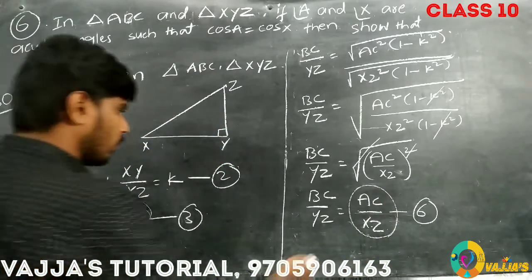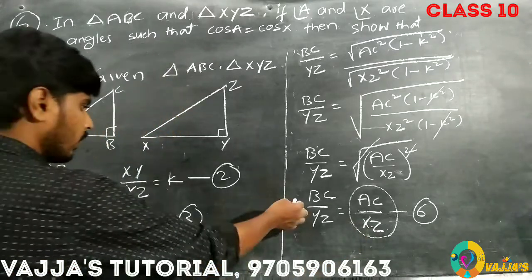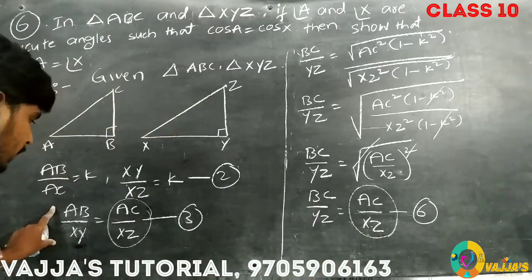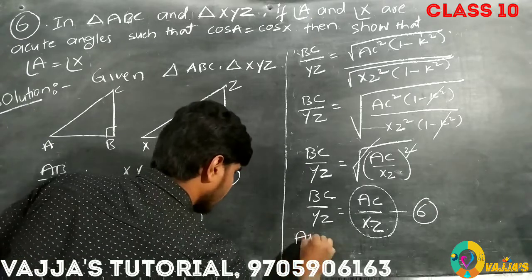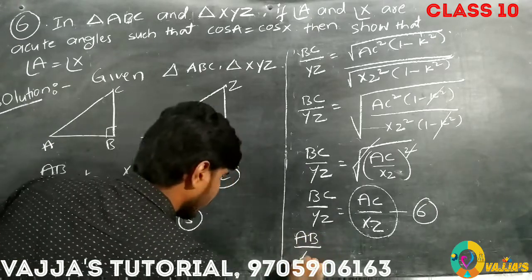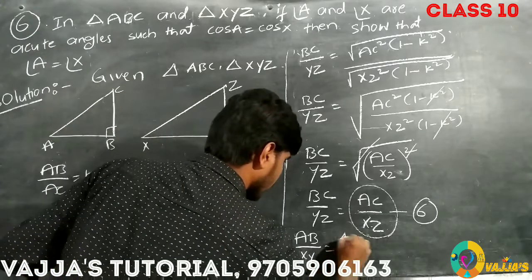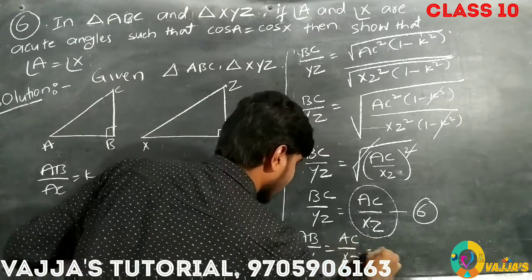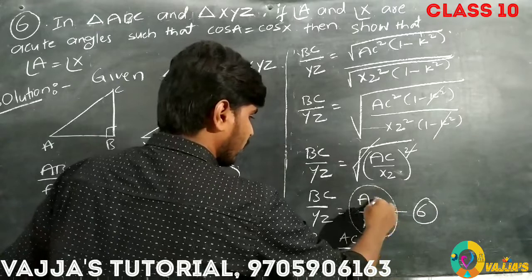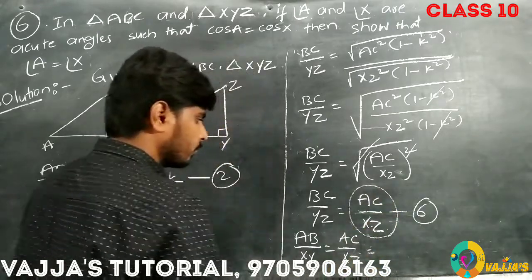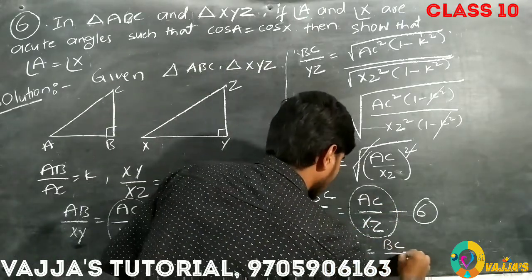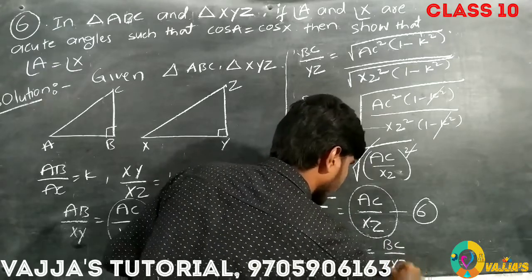So if the RHS are equal and the LHS also equal, finally what can we write? We can write AB by XY is equal to AC by XZ, and AC by XZ equals BC by YZ.